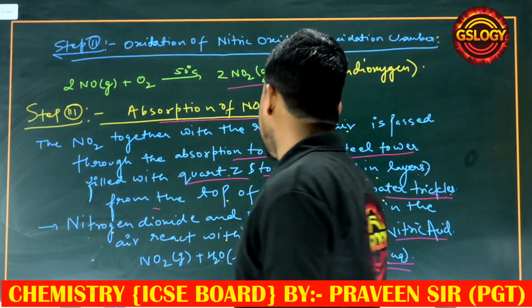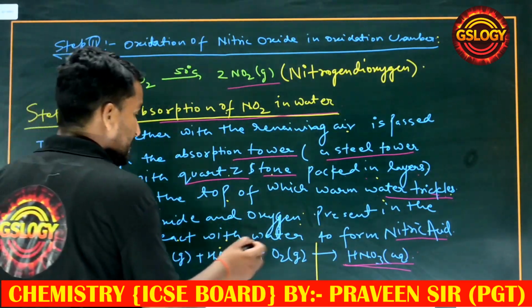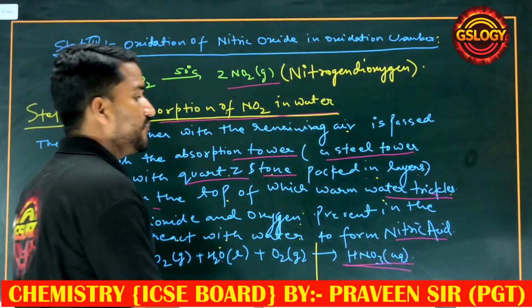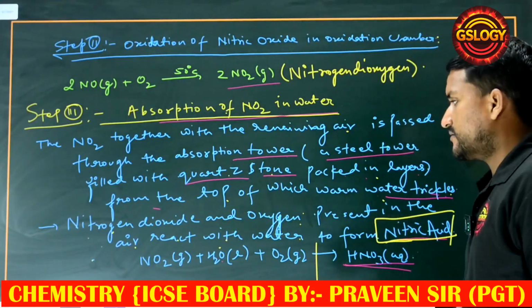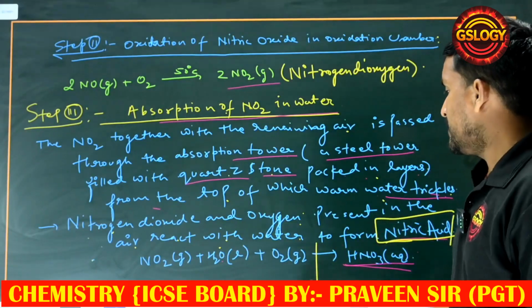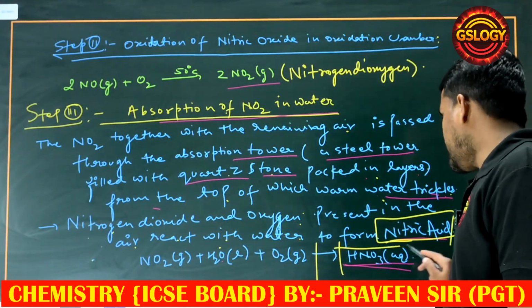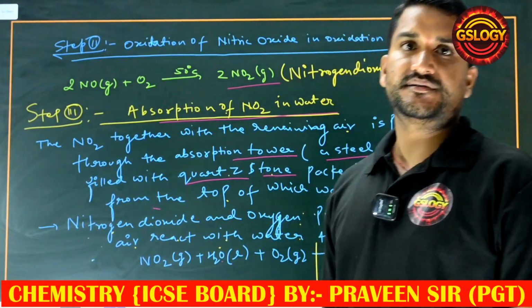Nitrogen dioxide and the oxygen present in the air react with the water to form what? Nitric acid. The nitrogen dioxide further reacts with water and oxygen and finally gives nitric acid.